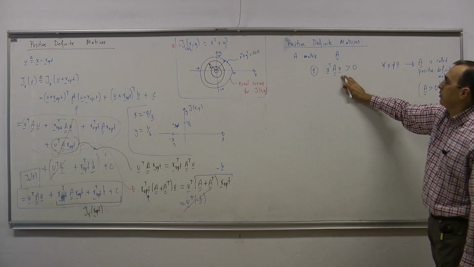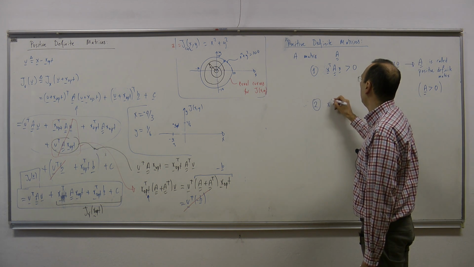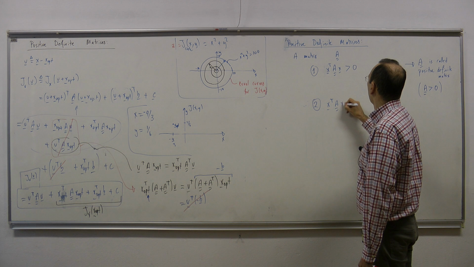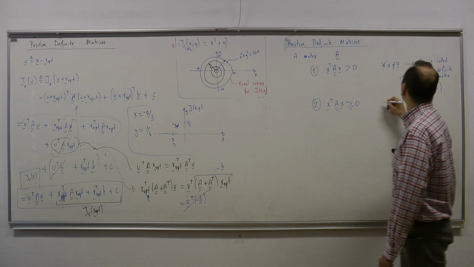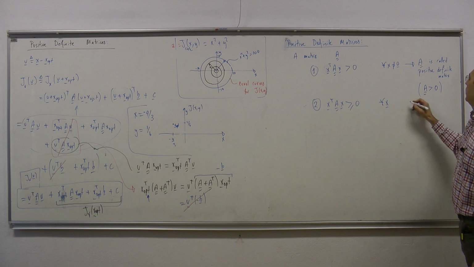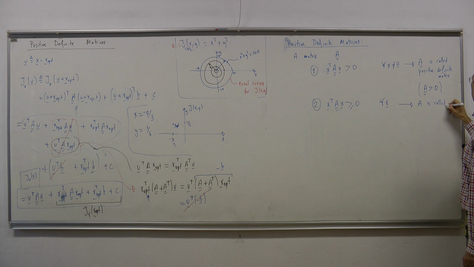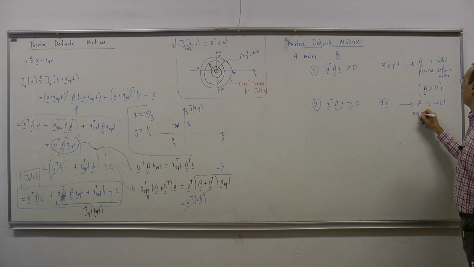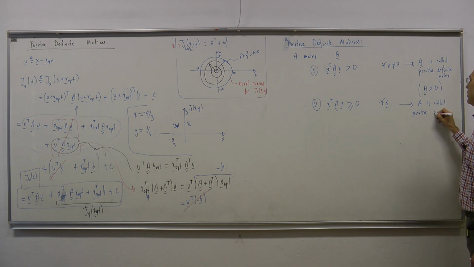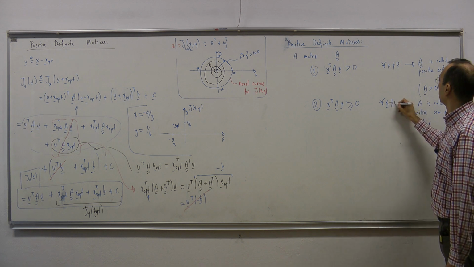So how can I check this? This is the issue, but let's think about it later on. Now there is a second definition, very related. Well, this is an equality. Then A is called a positive semi-definite matrix.